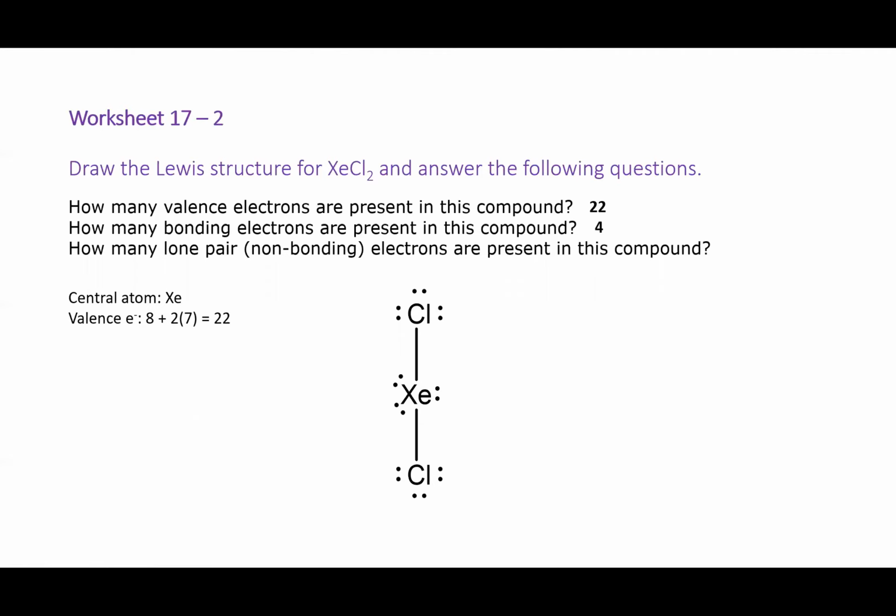And how many lone pair non-bonding electrons are present in this compound? So any electrons that aren't being used in a bond are going to be lone pair electrons. We can either count up the number of electrons, or we can simply subtract 4 from 22 and we get 18.